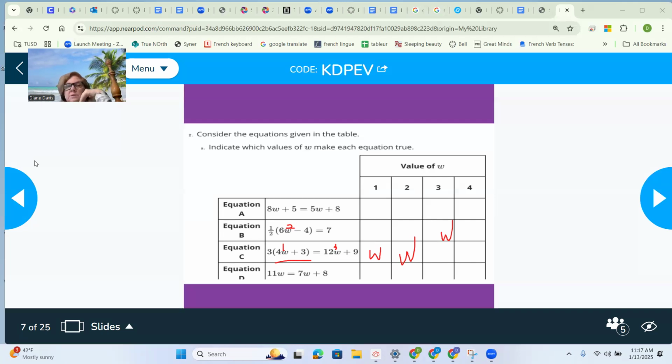It's the whole purpose of what they want you to understand in this lesson. I'm going to say it again. In fact, I'm just going to type it out. They want you to understand that some equations have one solution while others have more than one solution.